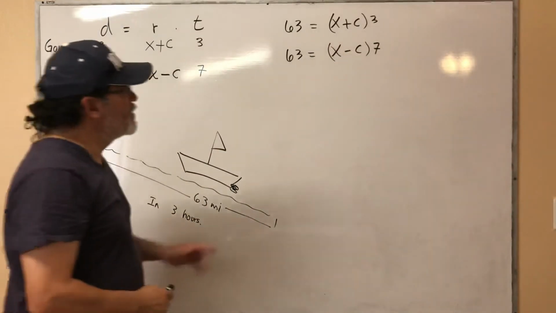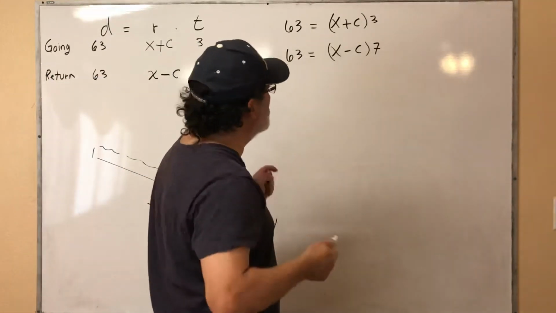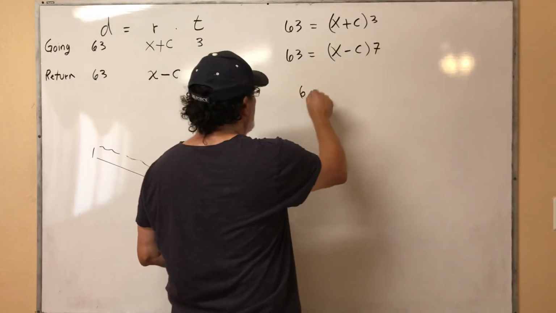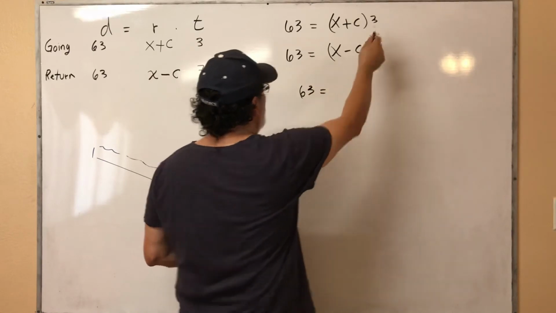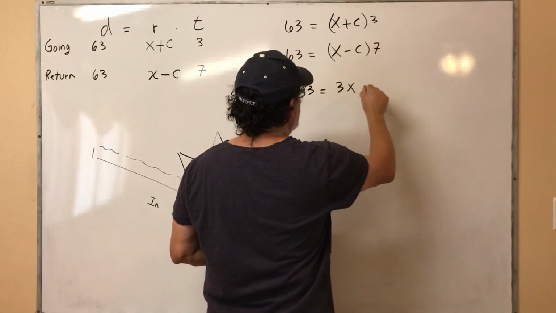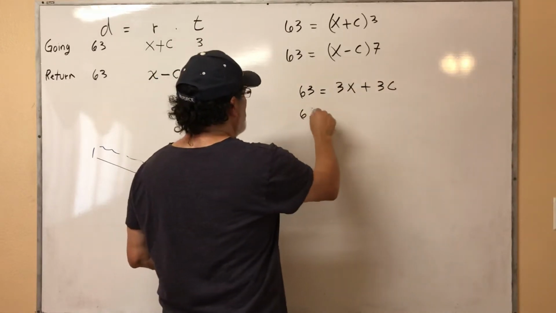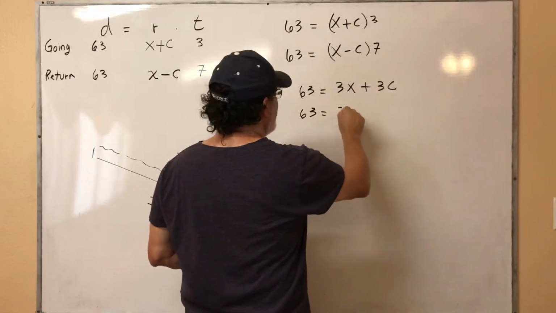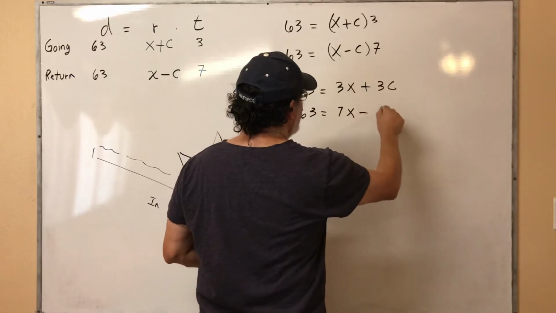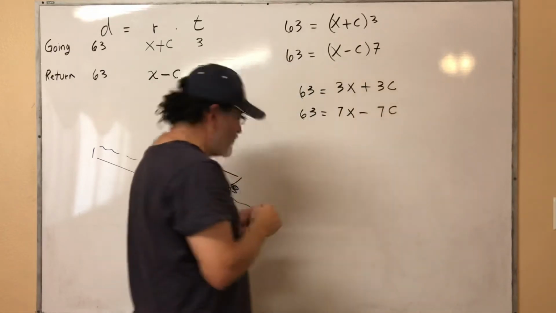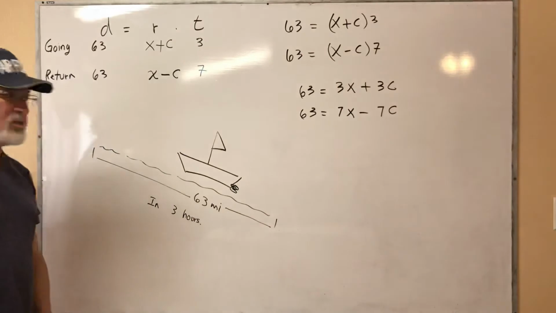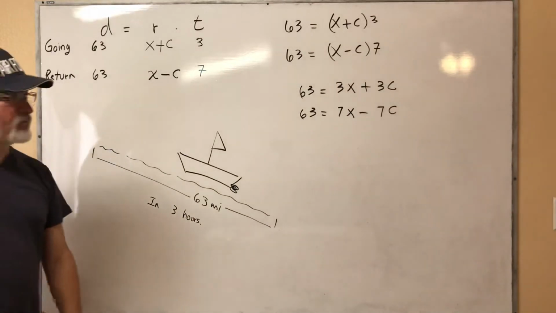I'm going to come up with two equations, two unknowns. So 63 equals 3x plus 3c, and 63 equals 7x minus 7c. And there are your two equations.